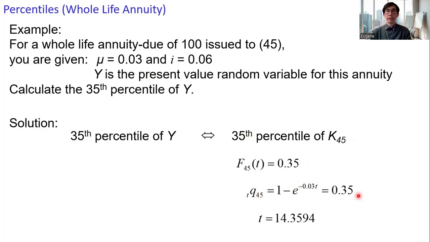You can assume the individual dies at this time point and then calculate the corresponding value for Y in terms of the annuity due. Instead, you can get the value for K45. And here, this value for t corresponds to K45 equals 14.